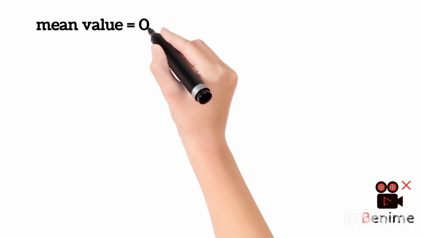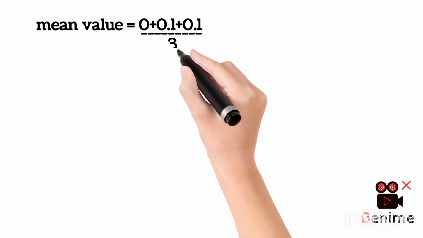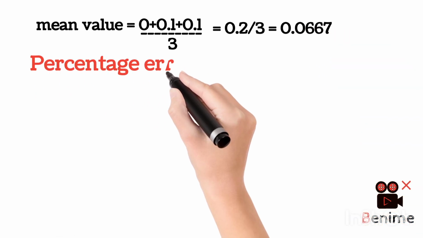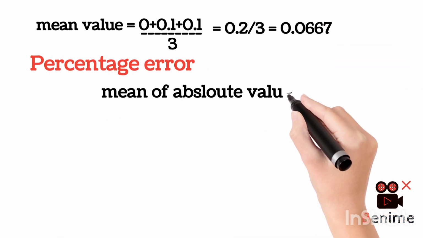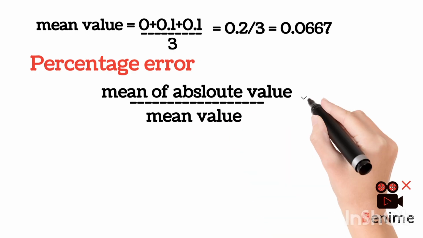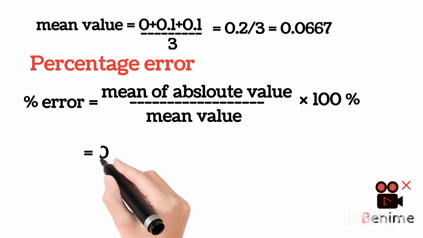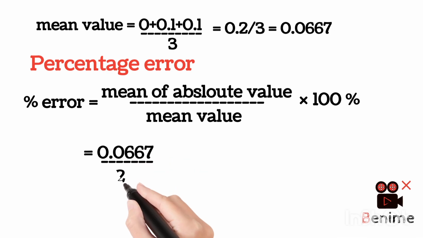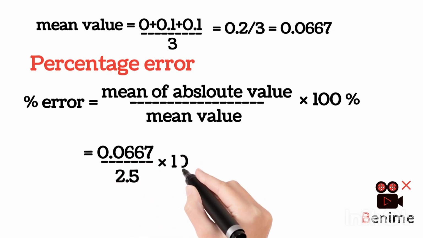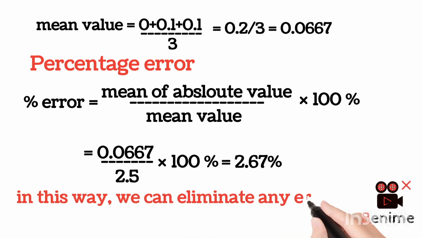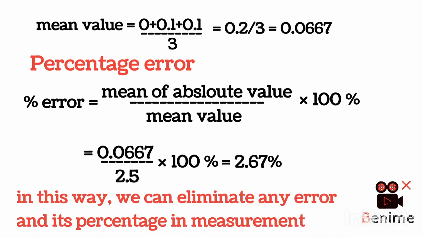Mean is found by taking the sum of all measurements divided by the total number of measurements, then to find the percentage, the mean value is divided by the original value and multiplied by 100% to get the percentage error. In this way, any error in measurement can be eliminated. This concept is highly asked in NEET exams.